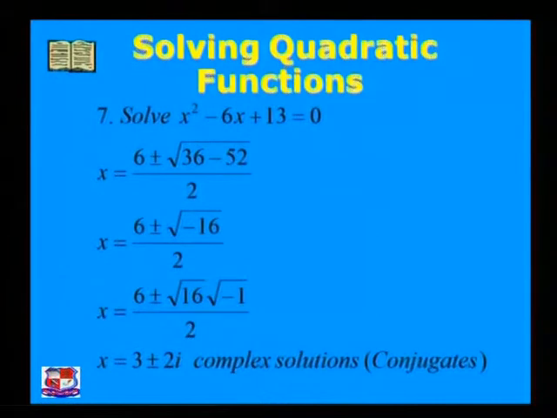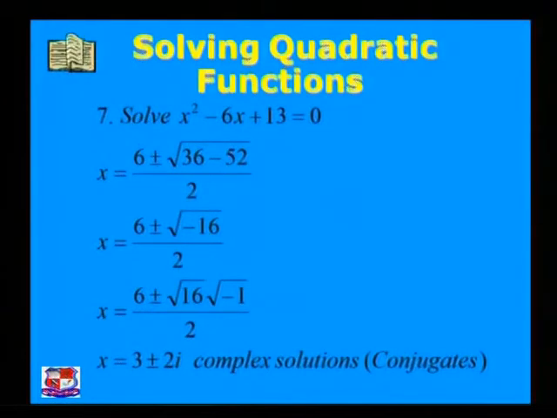If we want to solve this quadratic equation, x square minus 6x plus 13 is equal to 0, then x is equal to minus b plus or minus root delta upon 2a.